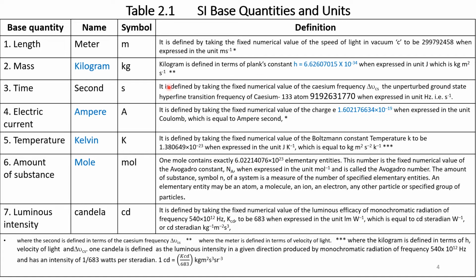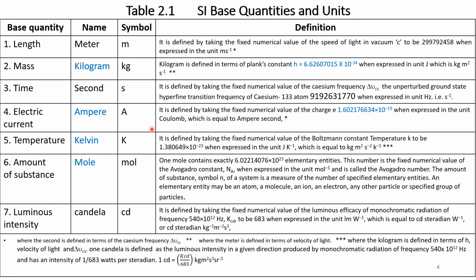So time in seconds, s, is defined by taking fixed numerical value of cesium frequency. Cesium frequency, that is delta nu subscript Cs, the unperturbed ground state hyperfine transition frequency of cesium-133 atom, 9192631770 when expressed in unit hertz, that is s to the power of minus 1, that is 1 over s.